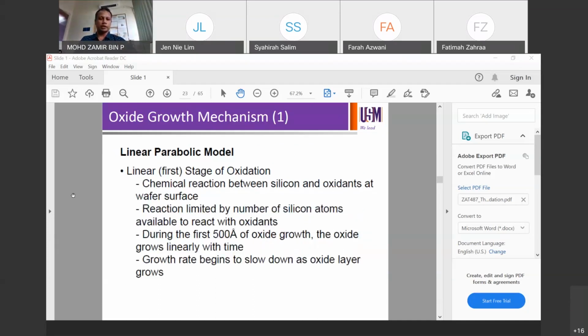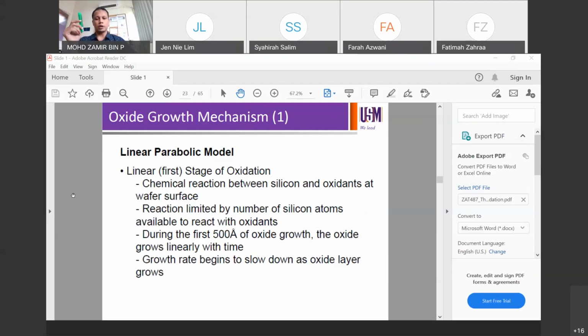So the first one is the linear stage of the oxidation, where chemical reaction between silicon and oxidants just started at the wafer surface. Maksudnya you are the wafer surface, then you're having O2 coming in, and then the reaction starts. So that's the very first step. The reaction is limited by number of silicon atoms available to react with oxidants.